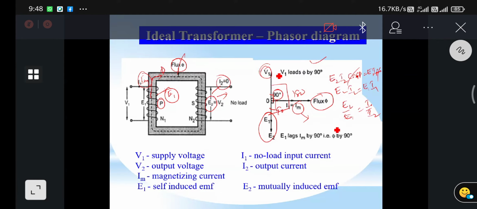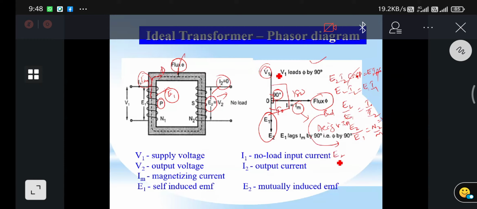So according to voltage transformation ratio, E2 by E1 equal to N2 by N1 equal to K. But we have here E2 by E1 equal to I1 by I2.